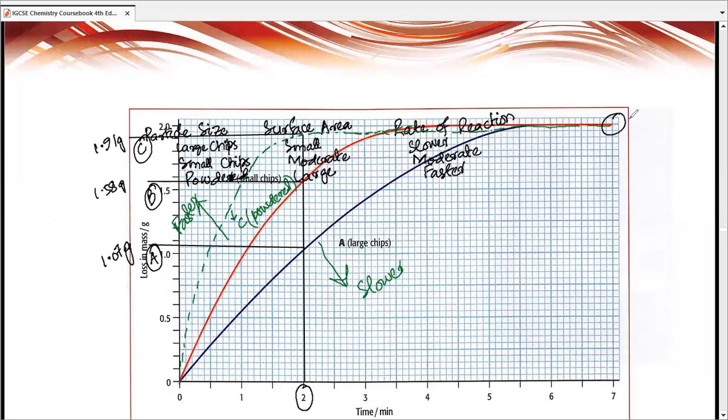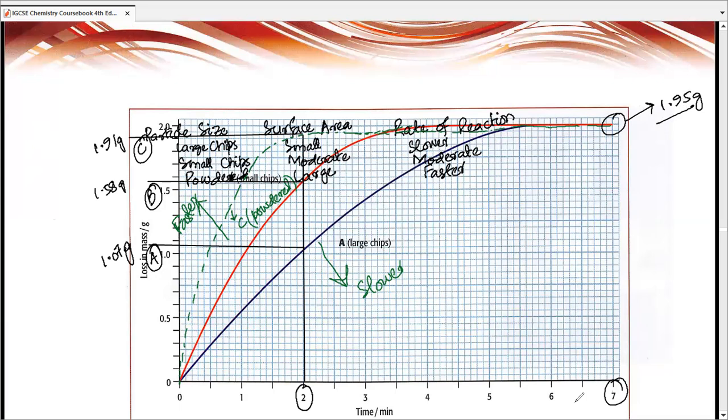Although I hope you understand this is 1.95 as the last value in grams. So imagine how close these values are in just the first 2 minutes of this reaction, although there is a 7-minute graph drawn over here. So this is the amount of time they are going to take.